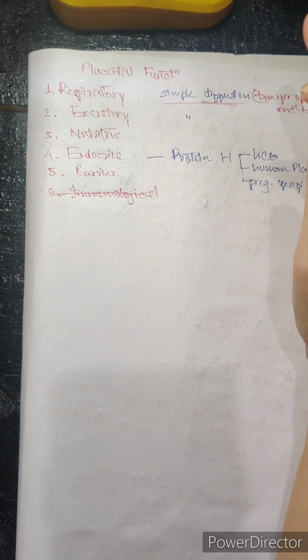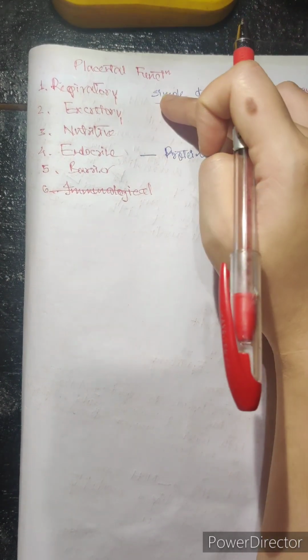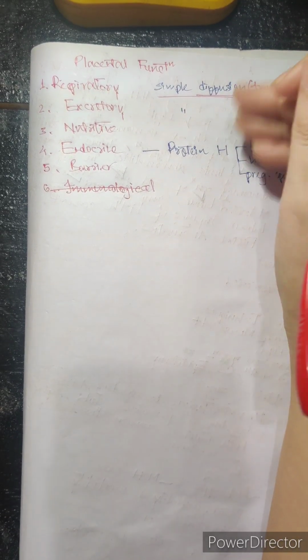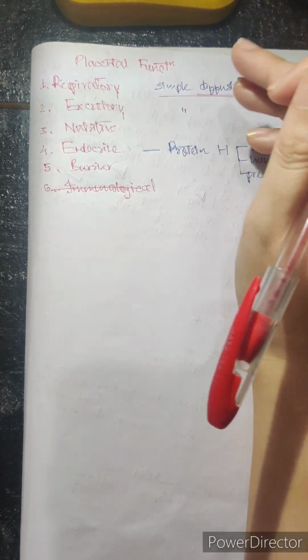By the process of diffusion, the oxygenated blood, which is coming from the umbilical vein, is transported to the fetal tissues by simple diffusion, and by the same process the waste products such as carbon dioxide are excreted from the fetal blood to the placenta with the help of the umbilical artery. So this was the first function, the respiratory function.